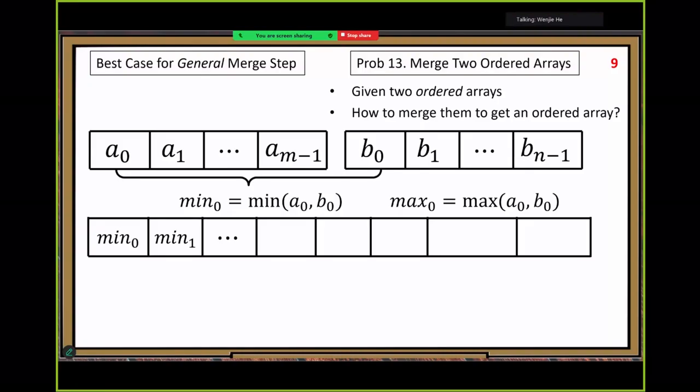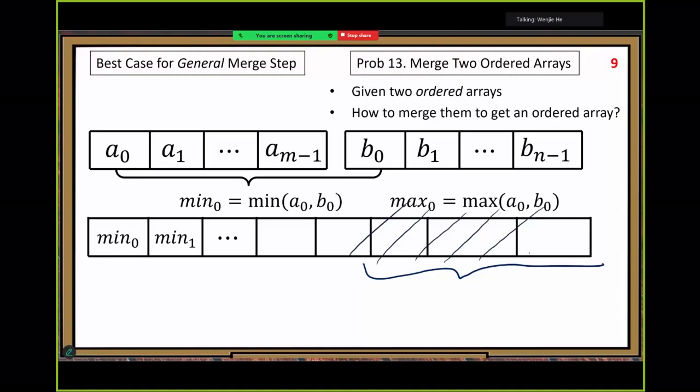So can you imagine some special data input that would result in minimum number of comparisons? Think about that. That means you want to leave as many elements as possible in the tail part, the tail part that you do not need a comparison.